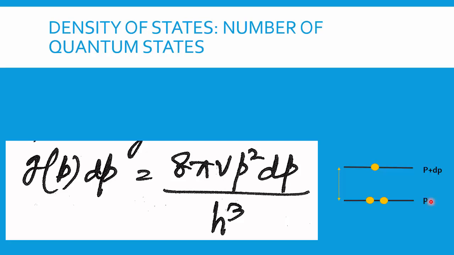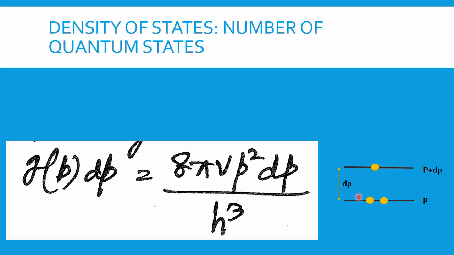Now what does this formula signify? Suppose you have a momentum p and a next higher momentum p plus dp. If anyone asks what is within this momentum, it is obviously dp, the interval. So if this is p and this is p plus dp, the interval is dp.